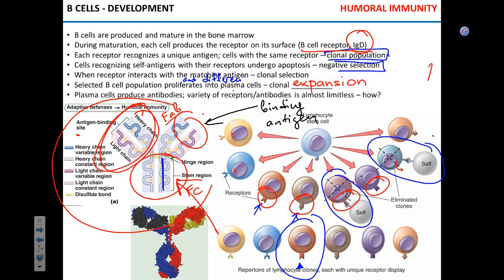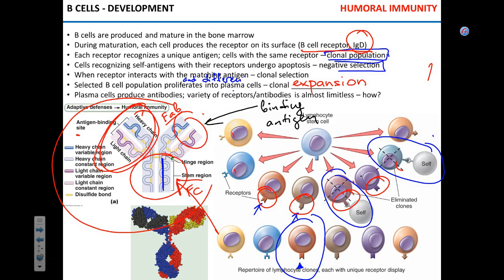So we talk about millions, probably billions or trillions of different antigens. Let's limit it to a billion. That means we have to produce a billion different types of antibodies.